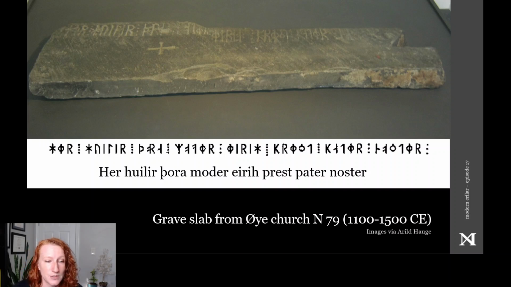Terje Spurkland suggested that there could have been a connection to Latin literacy, in particular the use of the letter X, as he read the phrase Tora Mother Eriks in this inscription. We also see the use of the star rune for a fricative G in Orkney, in the Faroes, and in Greenland.